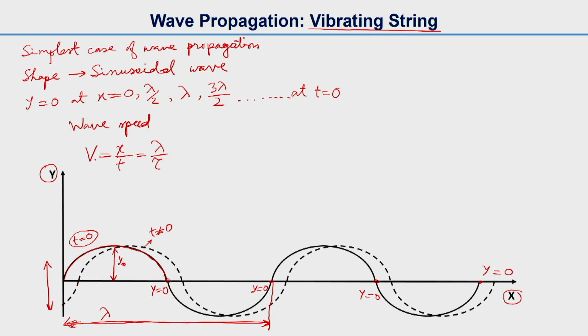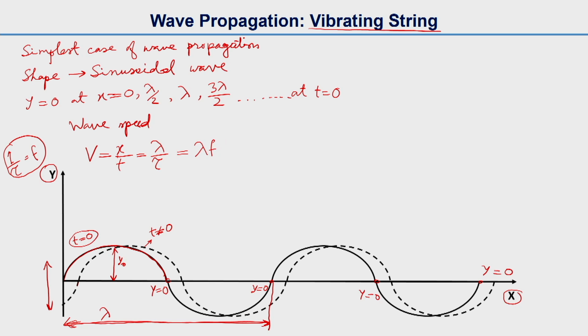So we can express V is equal to lambda by tau, and this 1 by tau is nothing but the frequency, because tau is the time required to travel one wavelength. So 1 by tau is equal to frequency.